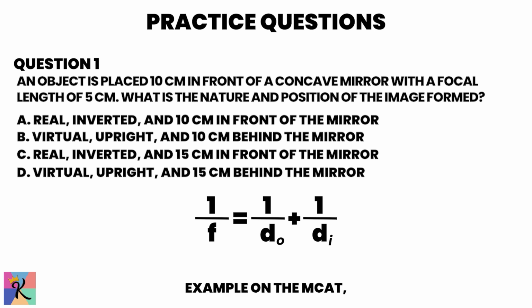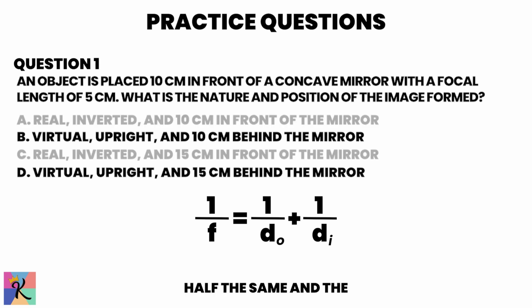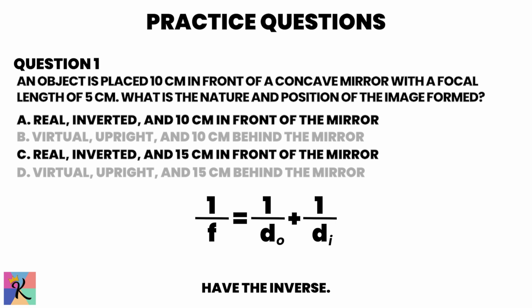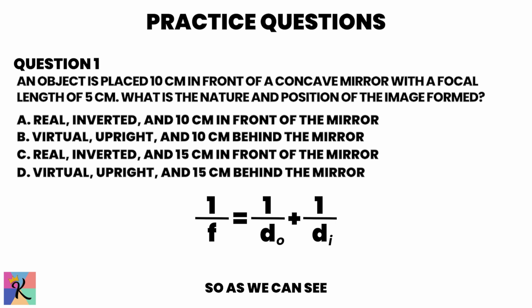So this is a classic example on the MCAT where you are given a 2x2 question. A 2x2 question is essentially two answer choices have the first half the same and the second half different, and the other two have the inverse. So as we can see here, A and C are one set, real, inverted, real, inverted.